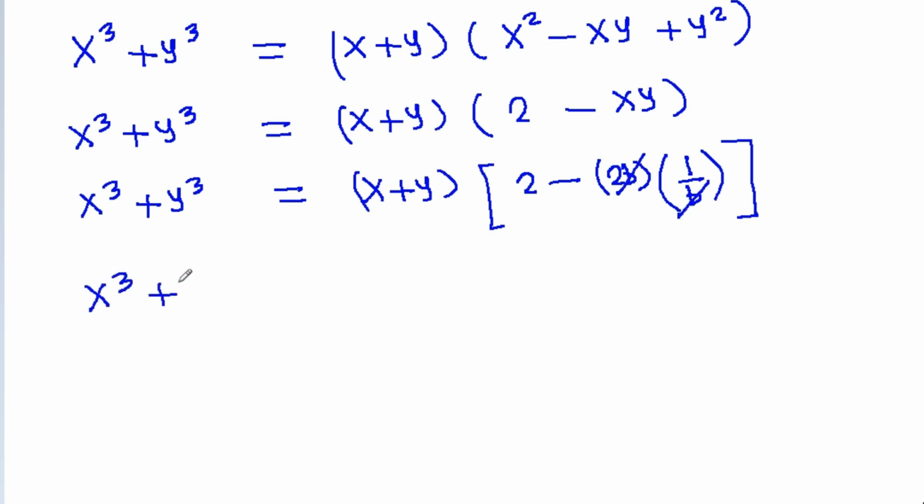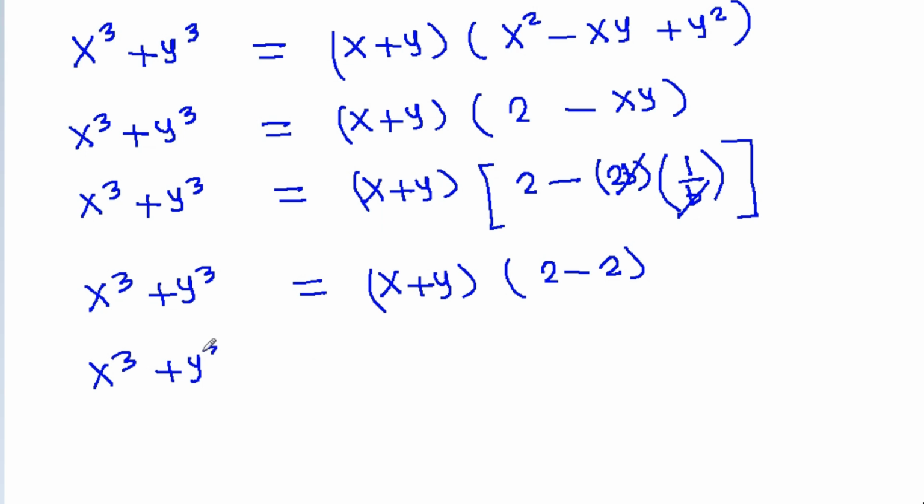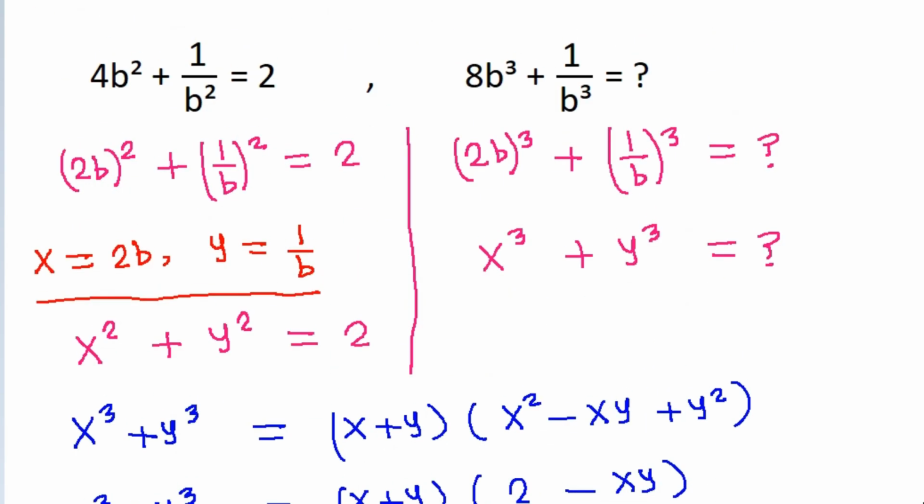So x³ + y³ = (x + y) times (2 − 2), and x³ + y³ = (x + y) times 0, that will be equal to 0. So this is equal to 0.